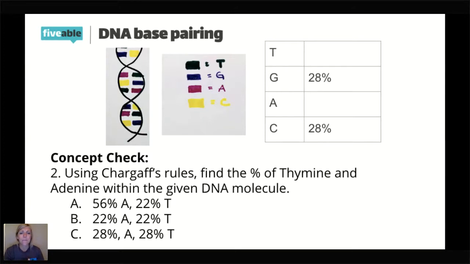That's not going to be content related on the AP exam, but a scientist basically figured out through sequencing that the number of A's and T's should be the same and the number of G's and C's should be the same. So I've given you the percentage of G and C, 28% each. So find the percentage of thymine and adenine within the given DNA molecule.